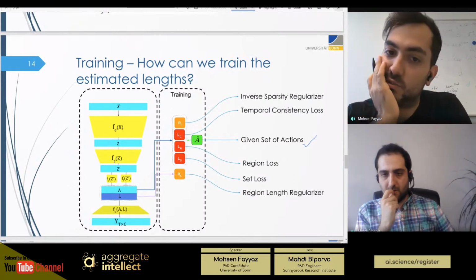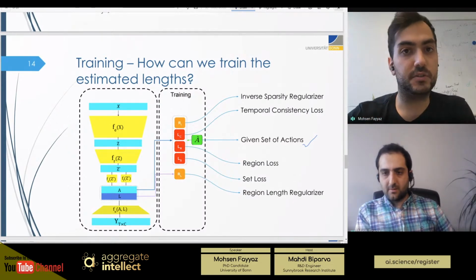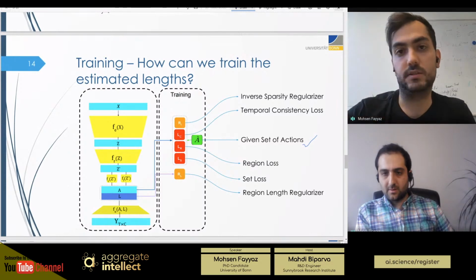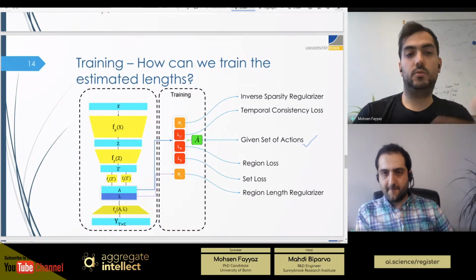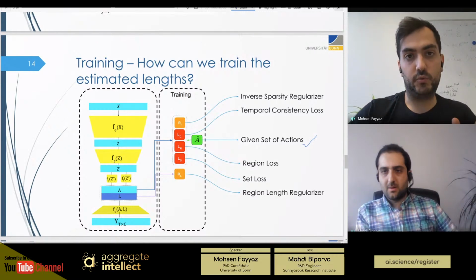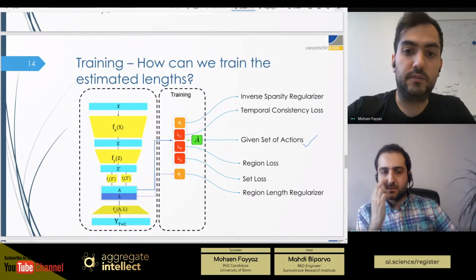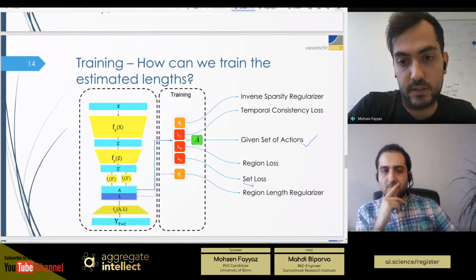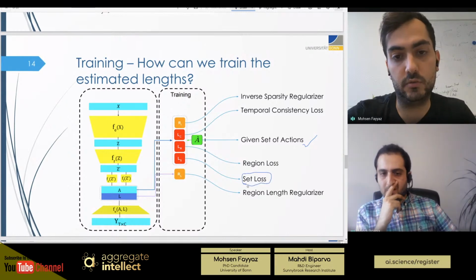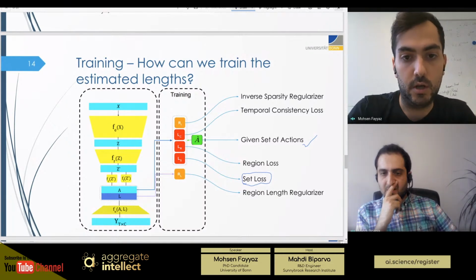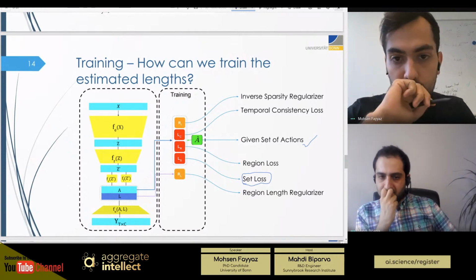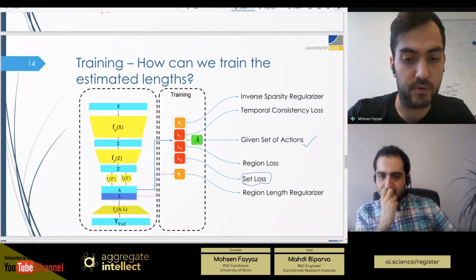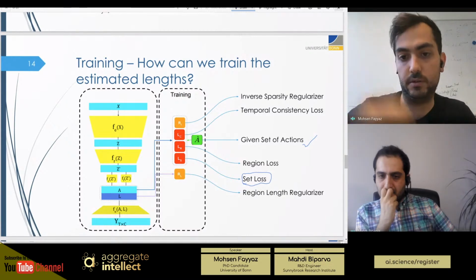First, let's see what the different losses or regularizers are that one can use when one has a set of labels and wants to use them over an ordered sequence of probabilities, such as the Y we have here. Definitely the easiest one is what we call the set loss. What we can do here is apply pooling over the predicted actions and say, we have this number of actions, so we know the classes, so we can apply the loss.